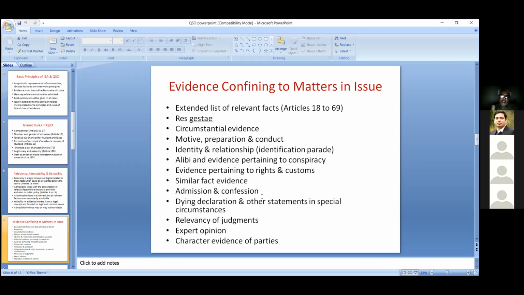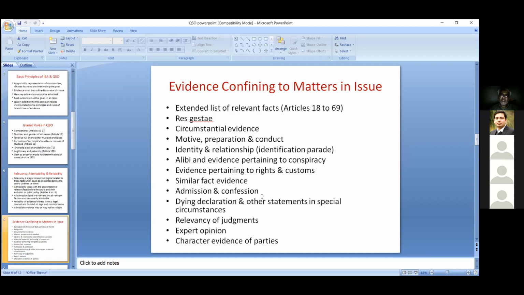So when we read the provisions dealing with expert opinion, those provisions are basically exceptions to this general principle. The general principle is that evidence must be presented relating to the facts, not relating to opinion. Opinion forming is the job of the court, and no one can abdicate this job from the court. When somebody appears before the court as an expert to give an opinion, his opinion must be with reference to those provisions which are there in the law of evidence.